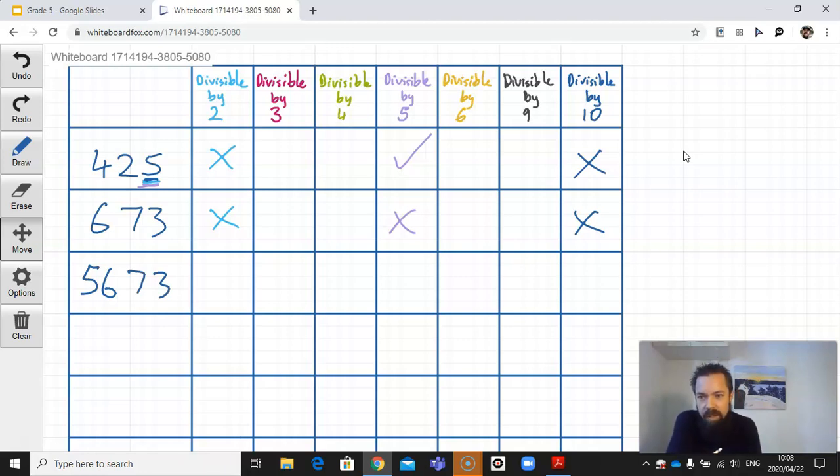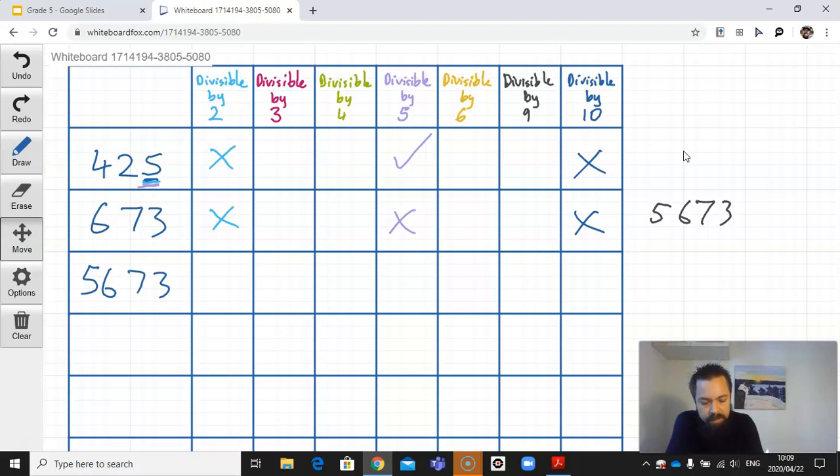All right, so I'm actually going to put down the next couple of numbers, the next 2 that you can see on the screen. And while I'm doing that, I'd like you to see if you can figure out if they're divisible by each of those. You can either remember it, or if you want to jot it down on a piece of paper, you can. So if you were jotting it down, you could just say 5, 6, 7, 3, and next to it you could say the things that it is divisible by.